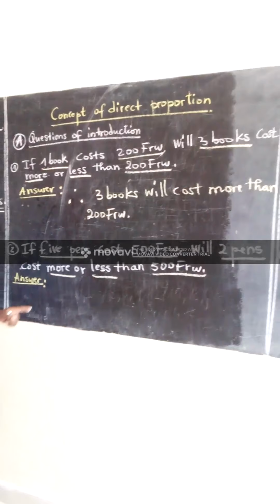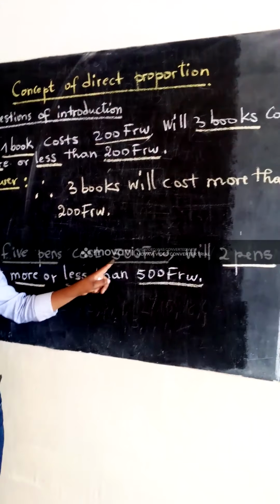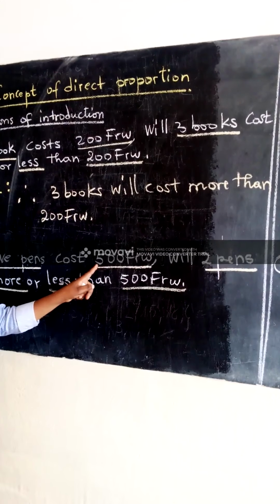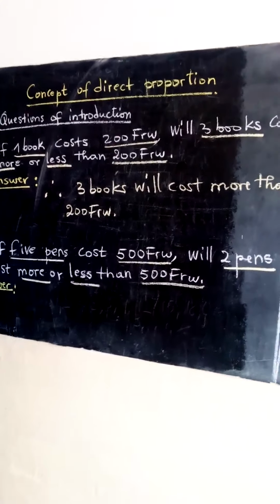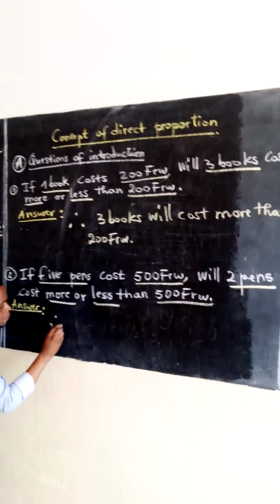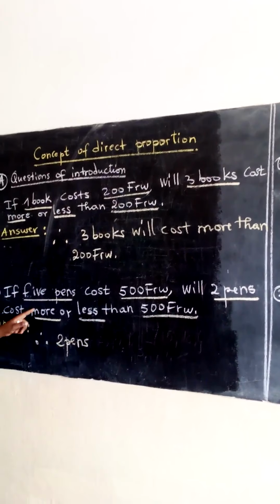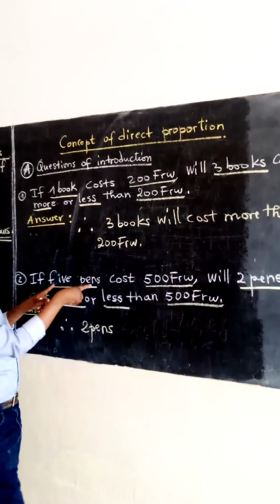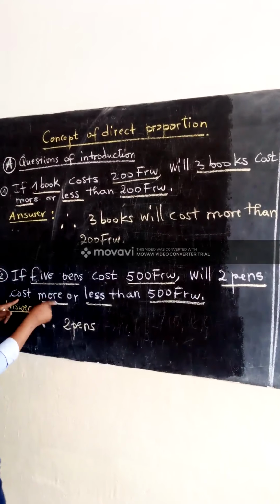The result will be that also the amount of money will decrease. So, as conclusion, if 5 pens cost 500 francs, will 2 pens cost more or less?